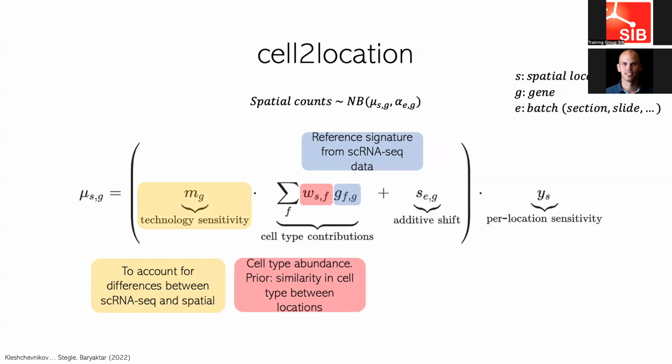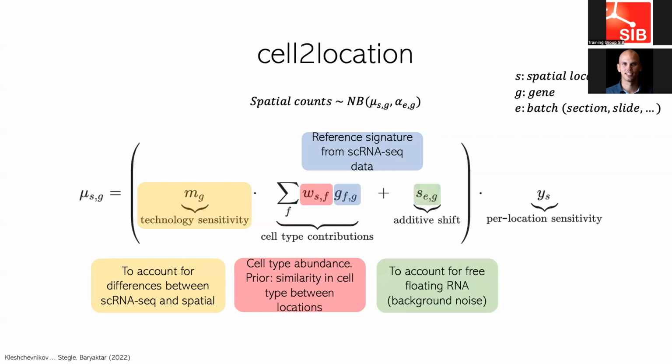This is a term to account for the fact that we're talking about gene expression profiles of cell types that come from single cell data, but we try to use them to explain gene expression that we measure in space. These are two different technologies that will have different sensitivities, so this term accounts for that. Here you have an additive shift.